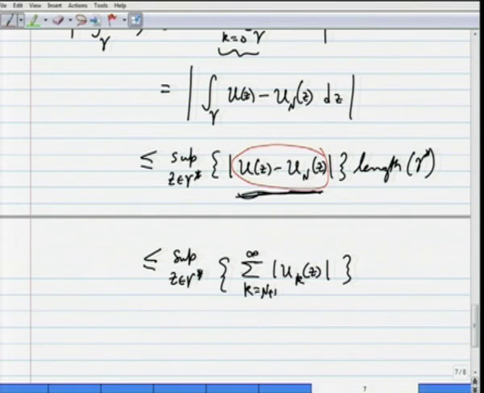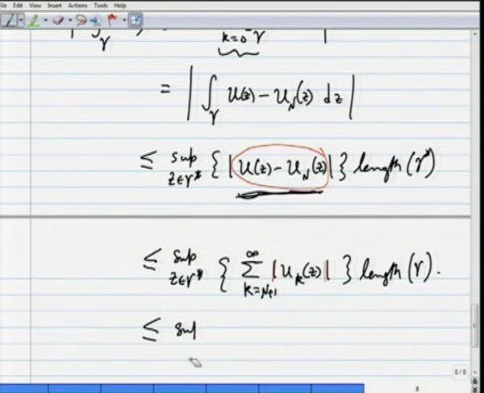Then you shift the absolute value inside by triangle inequality, and you get this times the length of gamma. Then this is in turn less than or equal to the supremum, well, each of these u k of z in modulus we know is less than or equal to m k by hypothesis.